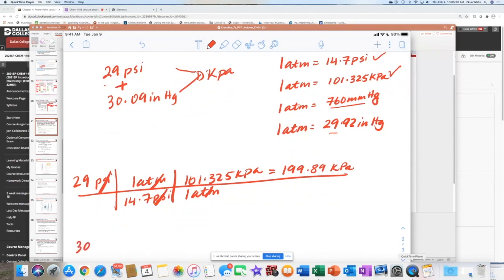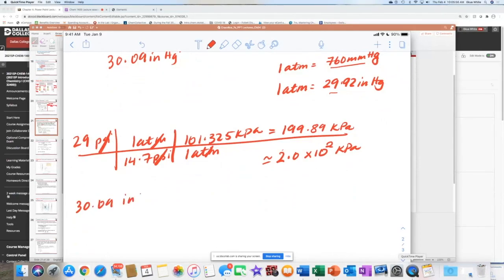I haven't rounded this up or down, but if I was to round this up, it would be 200, which would be one significant figure, so it would be 2.0 times 10 to the power 2 kilopascals, to the correct significant figure, right? I can't write 2.00 because that would be three significant figures. So if I were to round it up right now, I'll write it that way, but I'm not rounding it up yet.